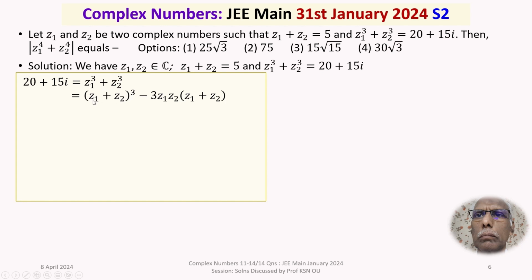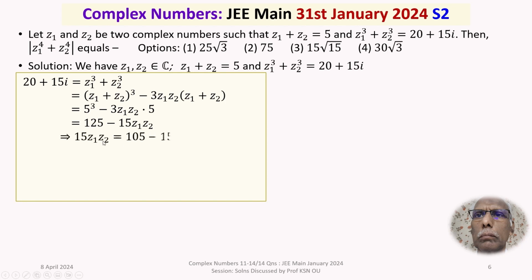In this, Z1 plus Z2 is 5, so 5 cube minus 3 Z1 Z2 multiplied by 5. That is 5 cube is 125 minus 15 Z1 Z2. What we want is Z1 Z2.